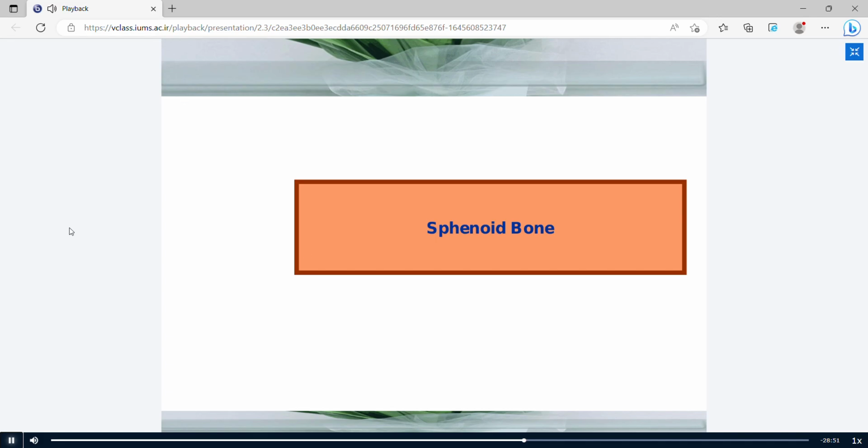Another question is: what's the name of the junction of the coronal suture with the sagittal suture? Please answer it. What's the name of the junction of the sagittal suture with the coronal suture?